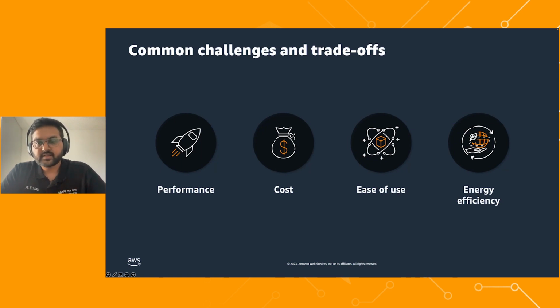Lastly, sustainability. It's another important factor. The bigger the model, the more impact it has on the environment. So, how can we make sure we use the models which are the right size for our use case, so that we are also considering its impact on the environment.